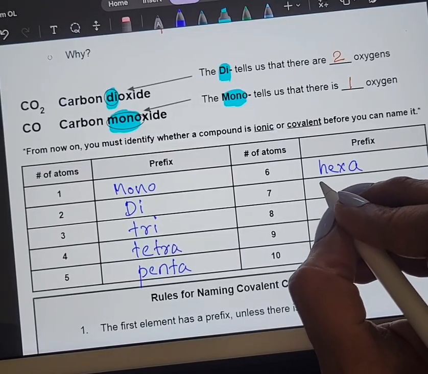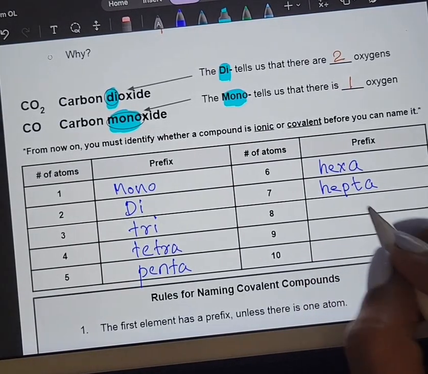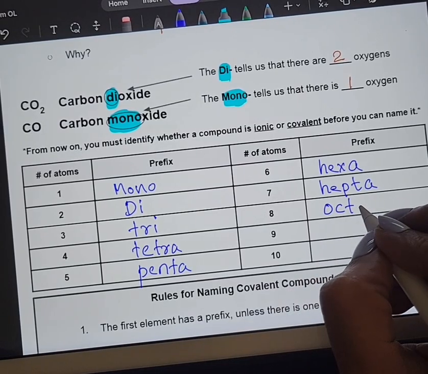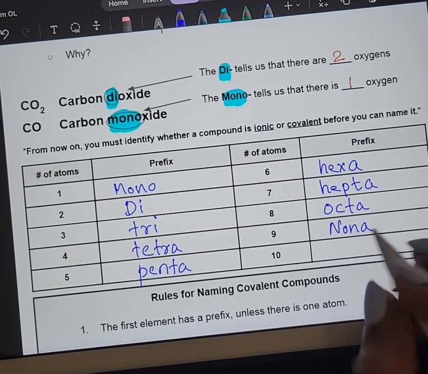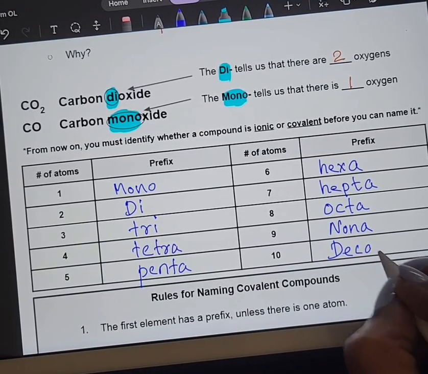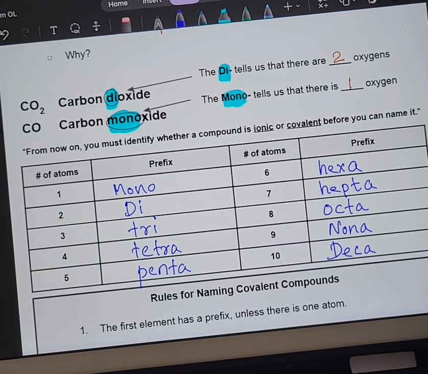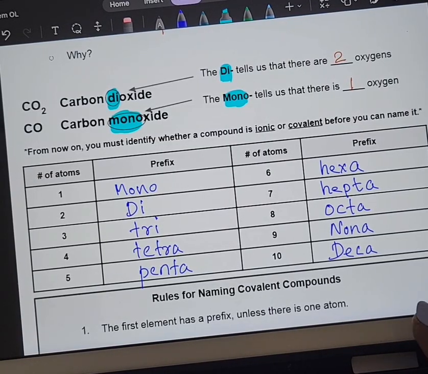And 7 is maybe completely new for you. It's called hepta. And octopus, which is octa. Nona, maybe new for you. And decade, 1 decade is 10 years. So it is deca for 10. Good. So those are the prefixes we need going forward.